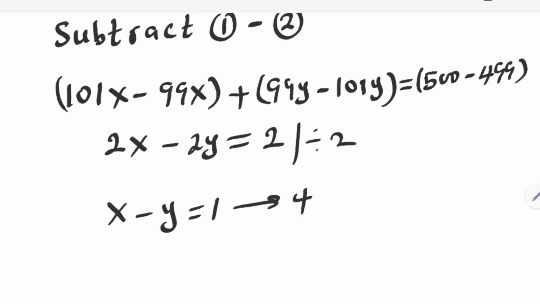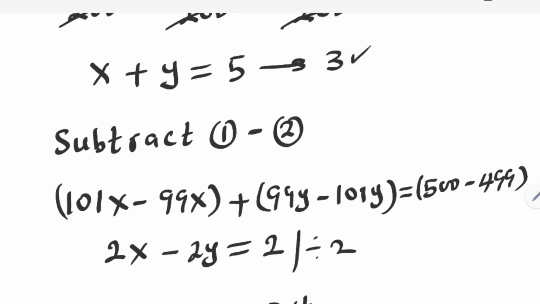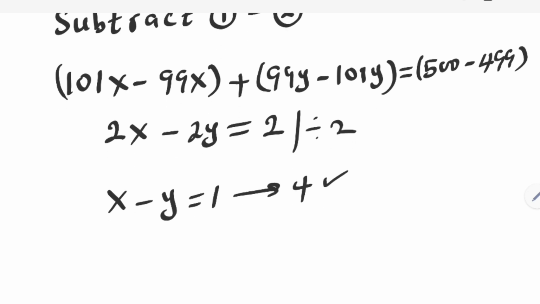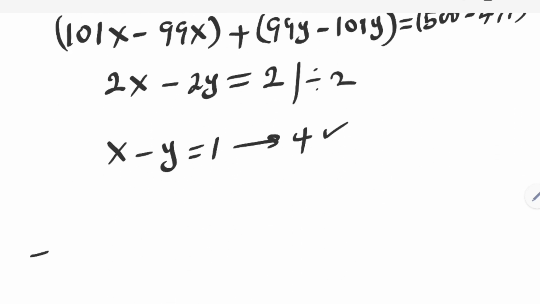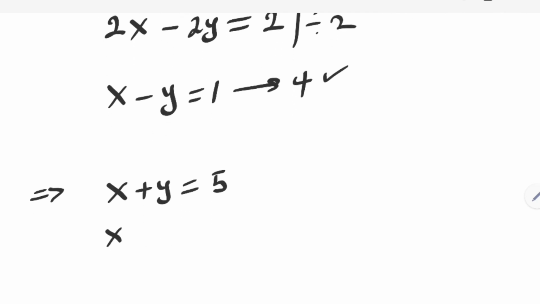Now we can solve equation 3 and equation 4 simultaneously. And I rewrite the equations here. Equation 3 is x plus y is equal to 5. Equation 4 is x minus y equal to 1. You can see that with this now, you can easily solve it.